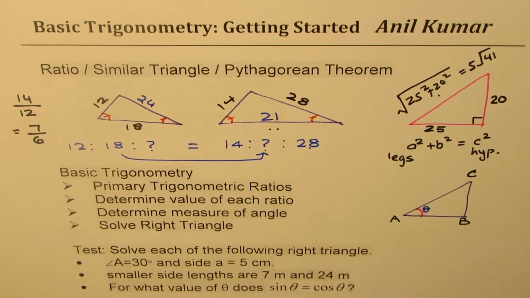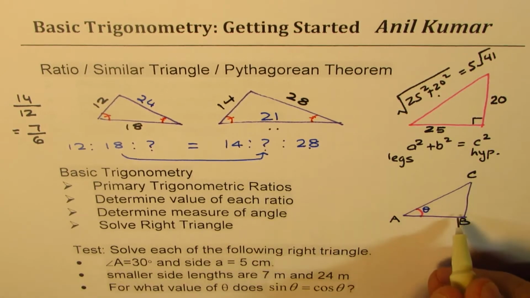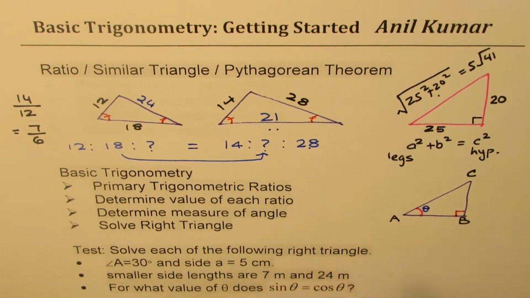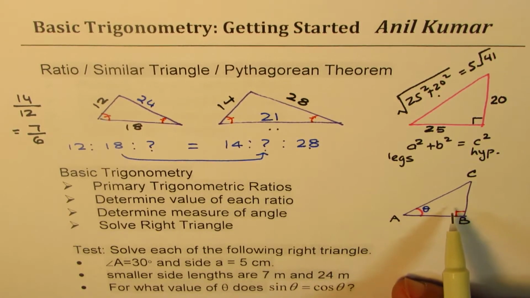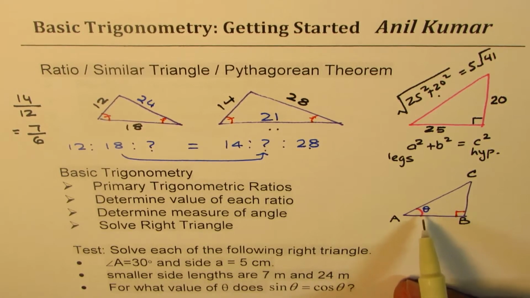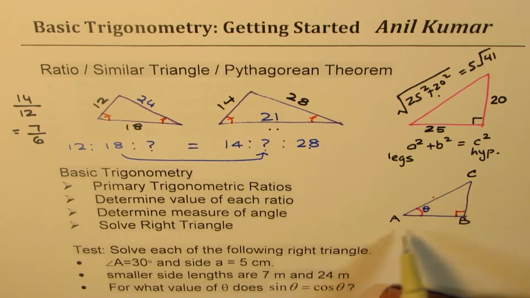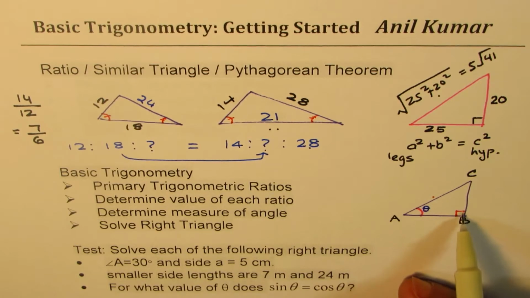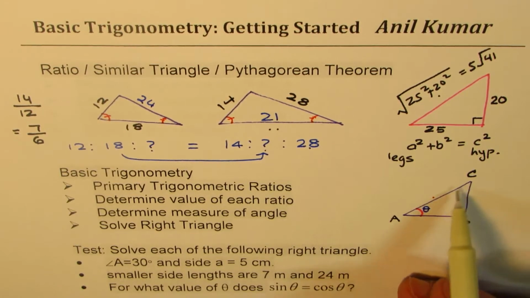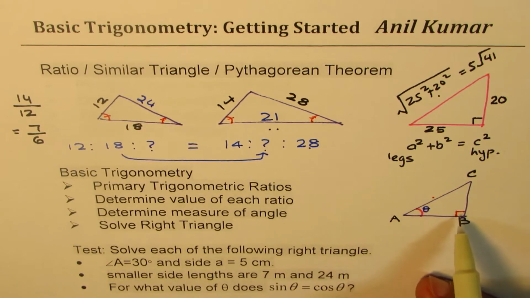Okay. Now, this is a right triangle for us where angle B is 90 degrees. In this triangle, if we know two parameters, maybe a combination of angle and a side, or any two sides, right? Two additional things apart from 90 degrees, we can always solve this triangle. Solving a triangle really means finding all the angles and all the sides.